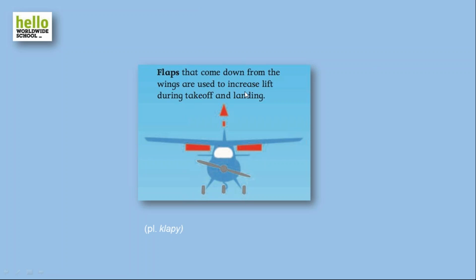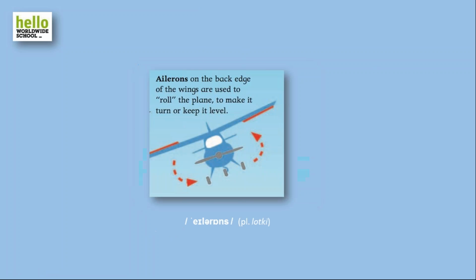Now, flaps are very important. They are useful to increase lift. That's very obvious. But there's also another thing. In the same wing, next time you're on the plane, you'll probably notice that you don't have only flaps. You also have, exactly, ailerons.